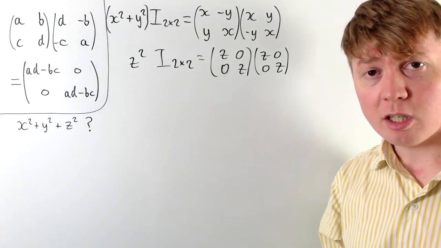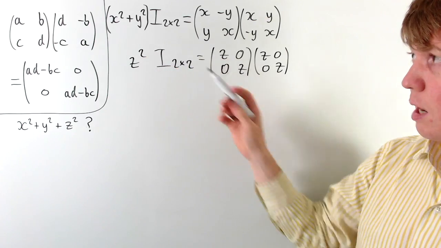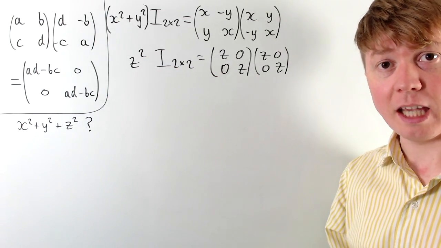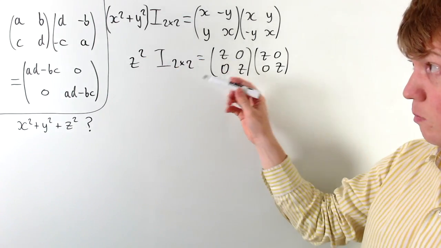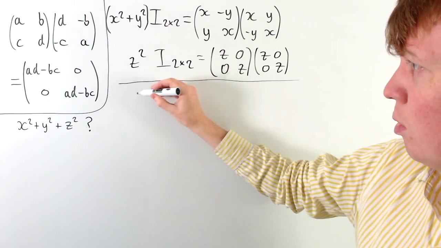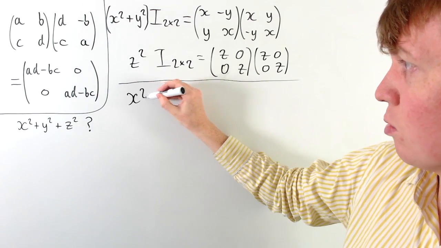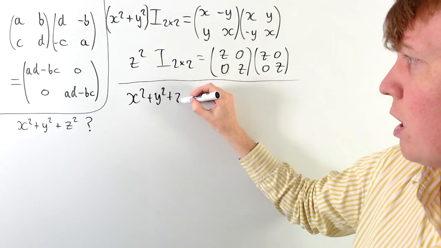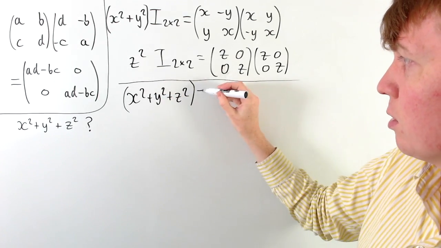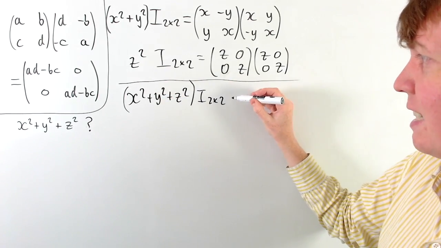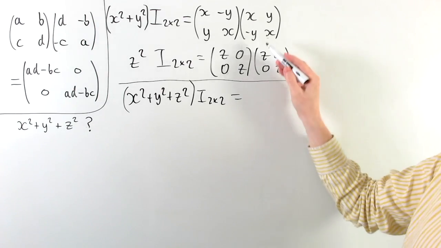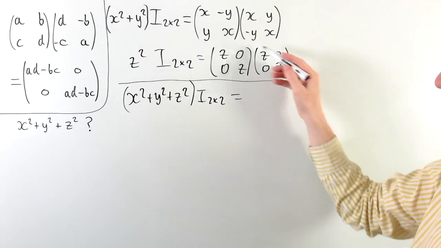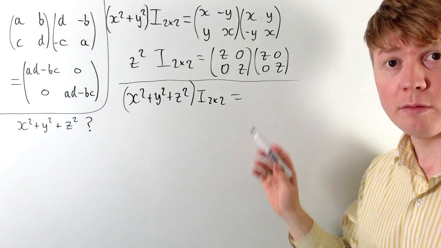And what's interesting about having the factorisations for the separate pieces we want to add together is we could try adding these matrices together now. So when we add together both matrices, we get x squared plus y squared plus z squared multiplied by the 2 by 2 identity matrix is now going to be the product of these two matrices plus the product of these two matrices.